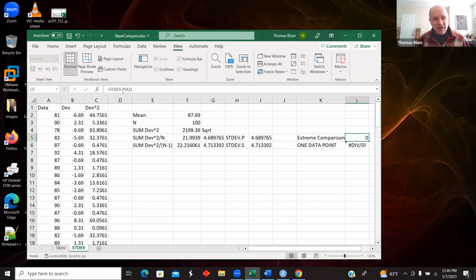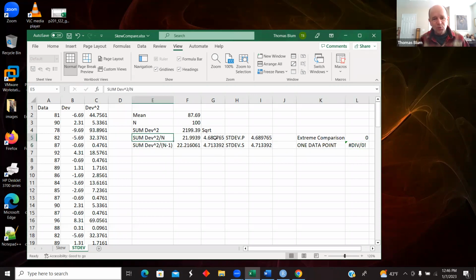Here the STDEV.P, the population of a single data point A2, is saying that if that's all there is, there's no spread. Whereas the sample says if there is one point and others are coming, I know nothing about the spread, and so it's undefined. That's the difference between these two definitions.